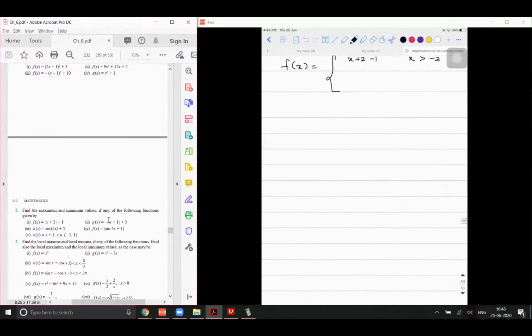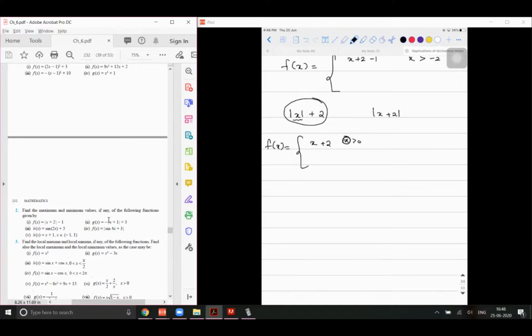I know this confusion will always exist. I am repeating this again, put it in your mind. There are two types of question, mod x plus 2 or mod of x plus 2. If suppose you want to define for mod x plus 2, then f of x is written like this. It is x plus 2 when x is greater than 0. To put it in very simple terms, whatever is inside the modulus, that value should be greater than 0.